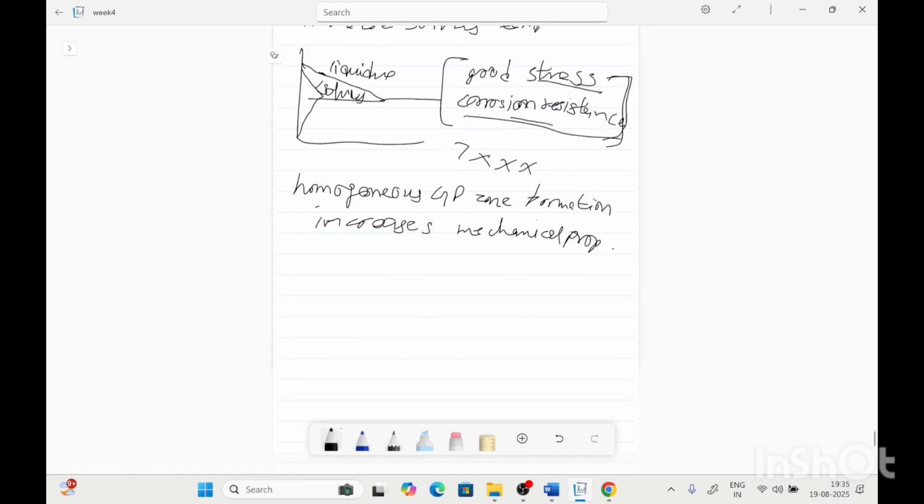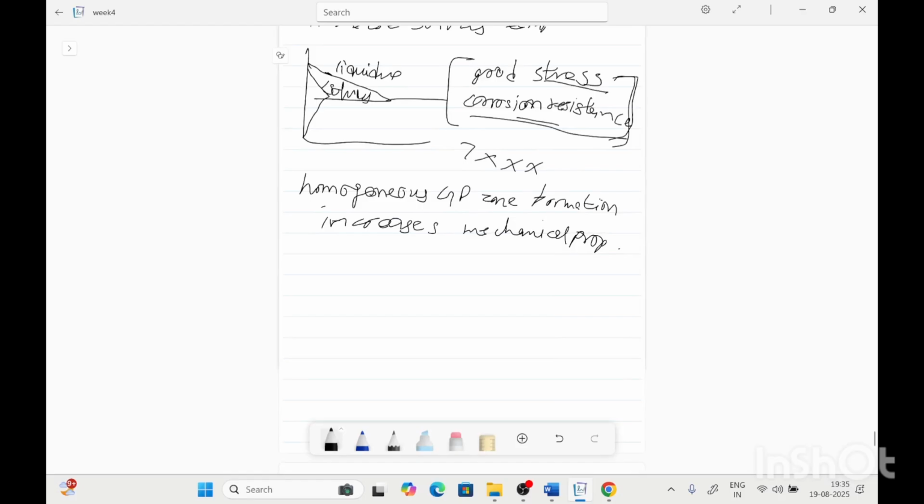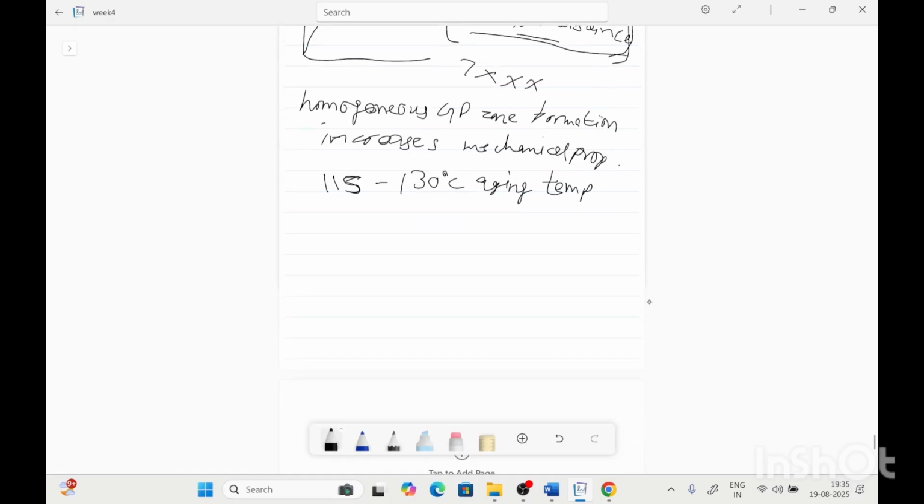Properties. So the homogeneous GP zone formation can be obtained at 115 to 130 degrees Celsius aging temperature. So the aging for this 7xxx series alloy is given in two steps.